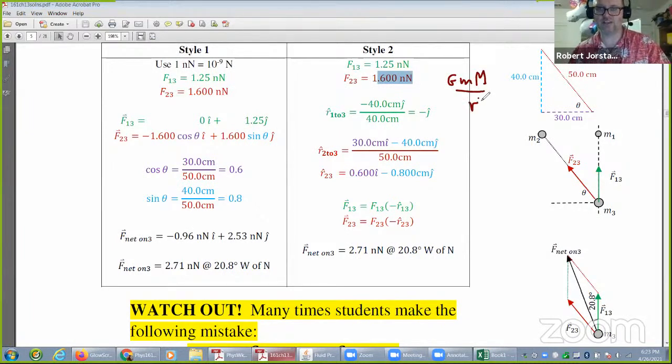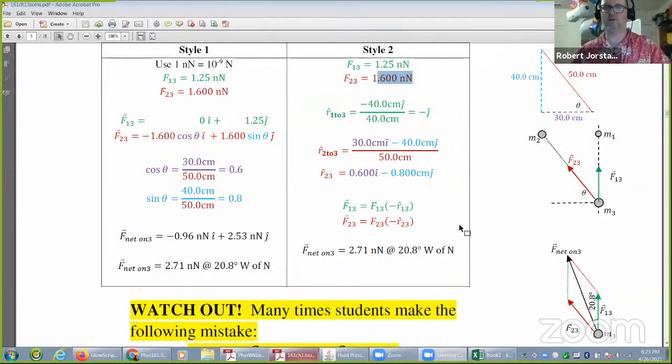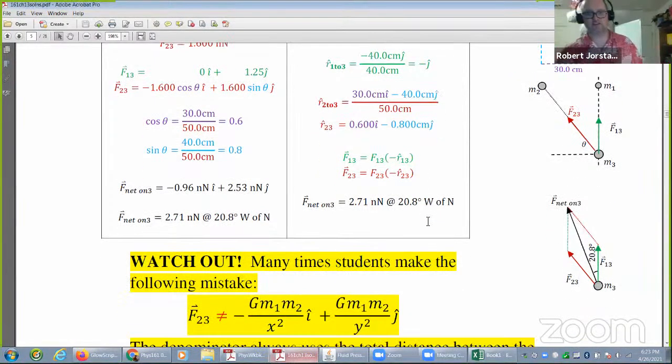You don't use just the x, you don't use just the y, you use both of them. And then you split it into i hats and j hats in one of these two ways. In both of these, you get the entire force magnitude using R, then split into components. That's the one thing I want to make sure I stress. Okay, questions?